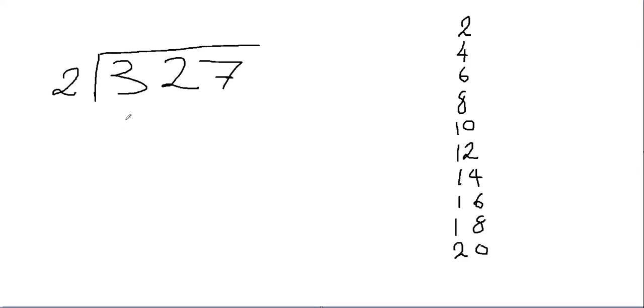Okay, so let's look at this. You have 3 divided by 2. Now, the closest I can get to 3 is 2, which is my first multiple of 2. So 3 divided by 2 is 1. The distance between 2 and 3 is 1, so there is 1 left over.